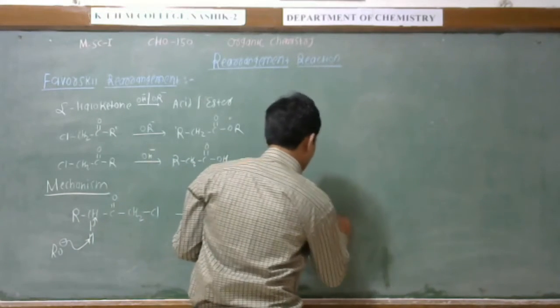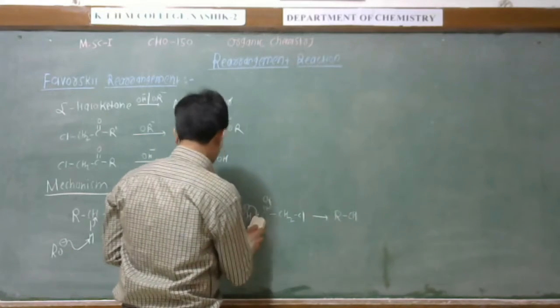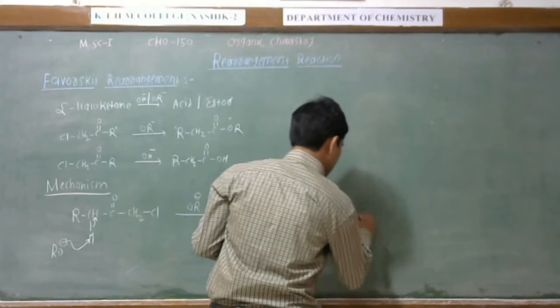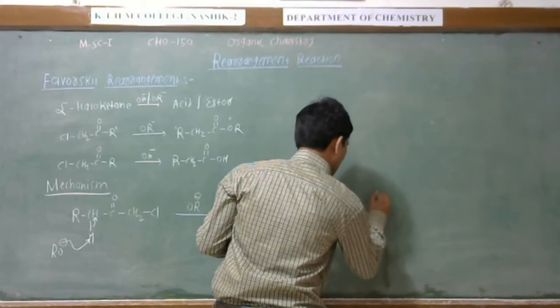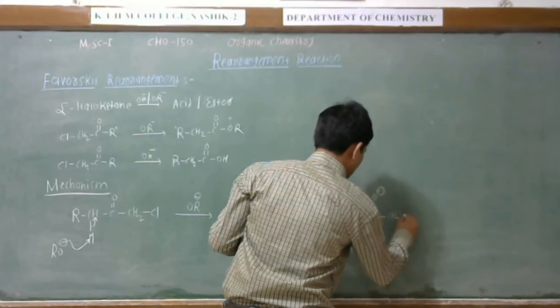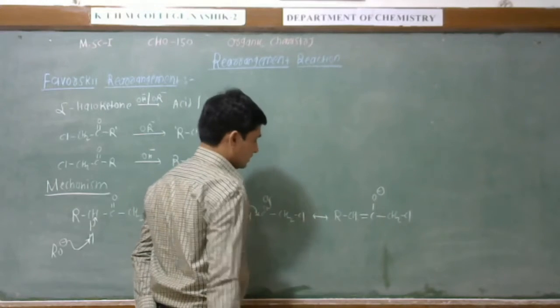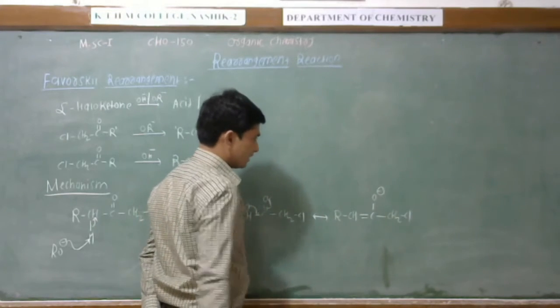See, this is the enolate ion. This is RCH, this is not CH2, this is CH now. RCH double bond CO minus, and this is the CH2 here, and this is the Cl here. Now this is resonance, and hence we indicate by the double-headed arrow.